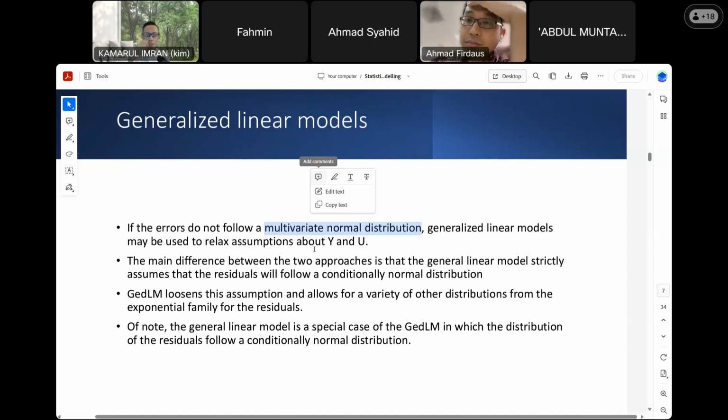You get the residual, but the residual will not form multivariate normal distribution. It will form a different type of distribution. So that itself is a violation of the assumption. Kan? So that's why we use other models. In this case, all those models fall under generalized linear model.